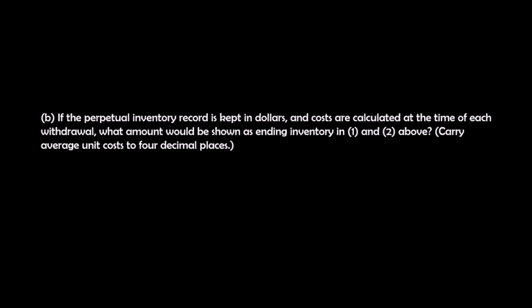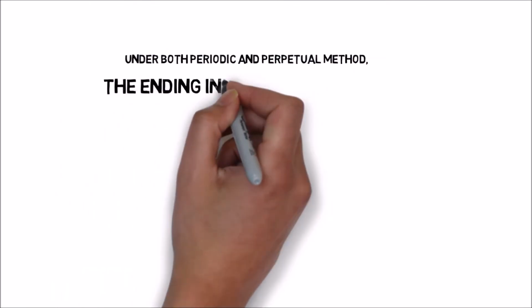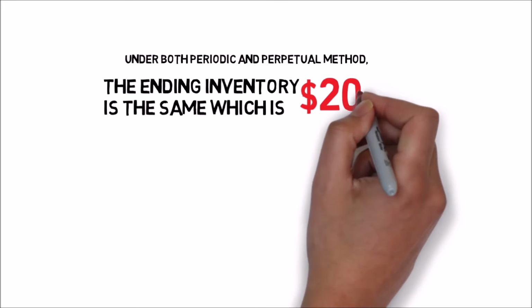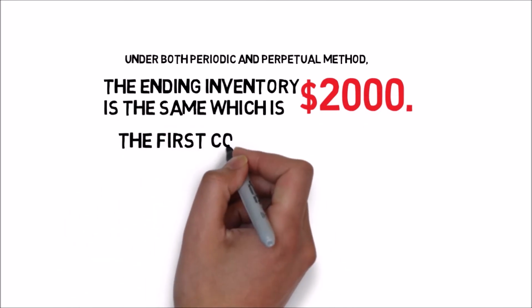If the perpetual inventory record is kept in dollars and costs are calculated at the time of each withdrawal, what amount would be shown as ending inventory in 1 and 2 above? Carry average unit cost to 4 decimal places. For first in, first out, under both periodic and perpetual methods, the ending inventory is the same, which is $2,000.